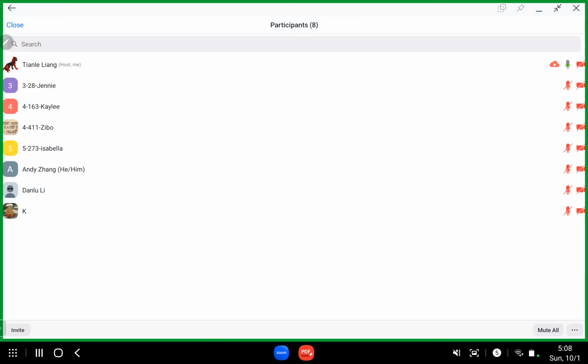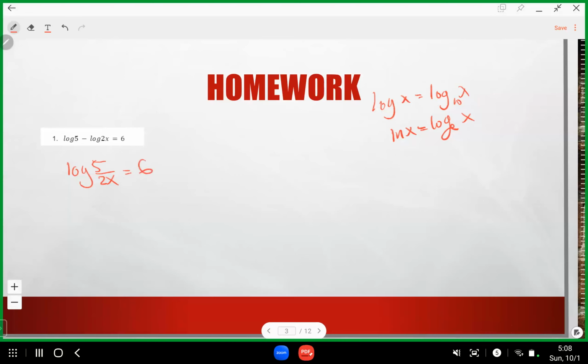So log 5 minus log 2x is equal to log 5 over 2x, equals 6. And then we do log to the base of 10. 5 over 2x is equal to 6.